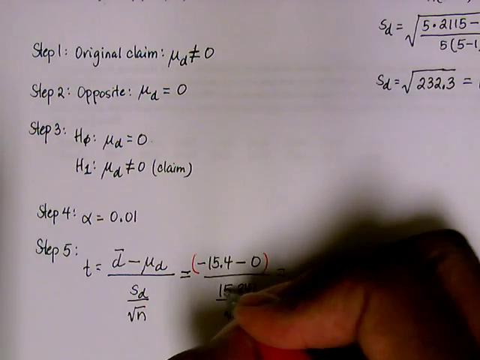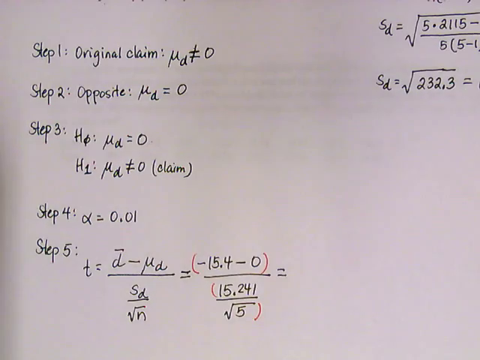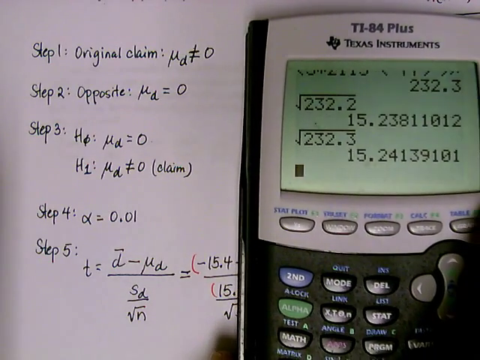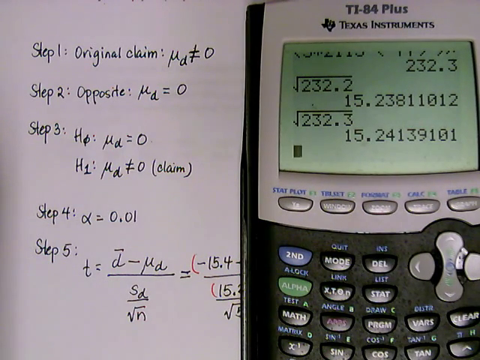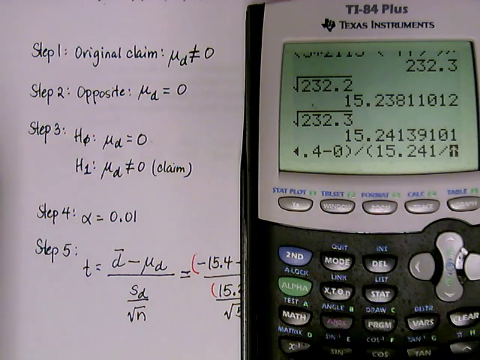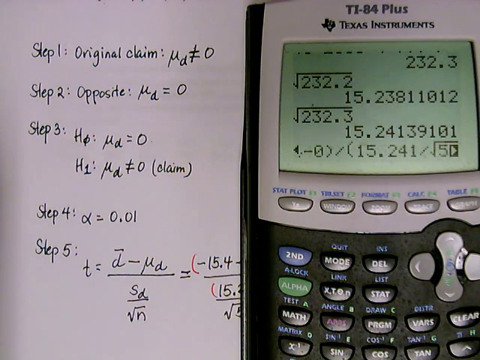Okay, now in this case here we're going to put the numerator and the denominator in parentheses so we can use our graphing calculator to find out what that test statistic is going to be. So the numerator will be in left parentheses, negative 15.4 minus 0, close your parentheses, divided by, and then left parentheses, 15.241 divided by, then second x squared, and then 5.